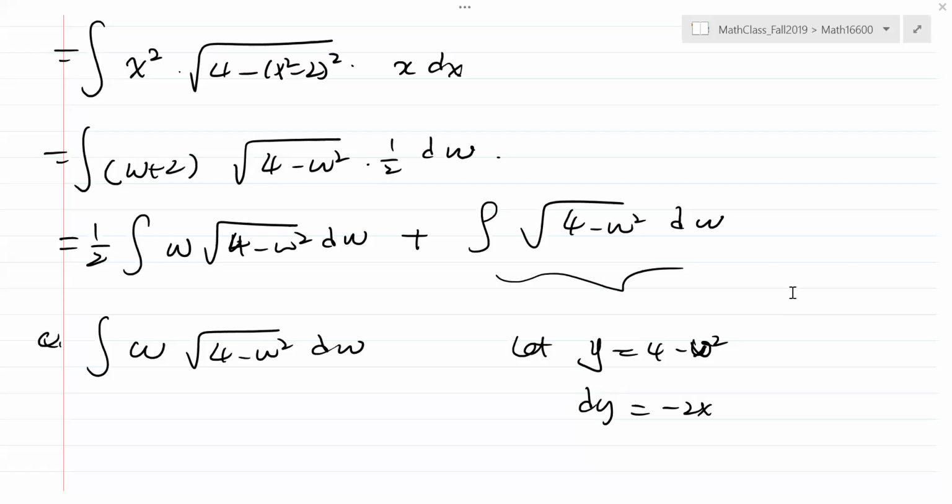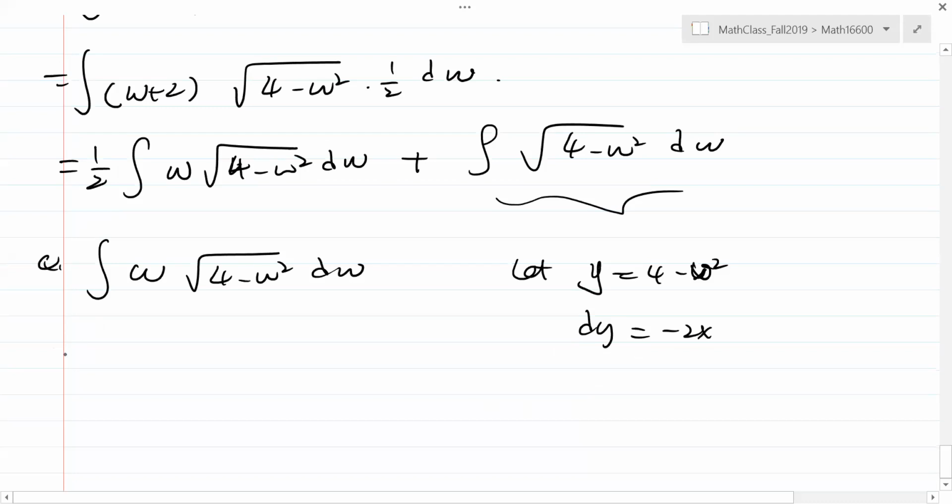So the antiderivative of this is going to be, oh, it's gone. So here, that's y to the 3/2, right? And that's going to be negative 1/2.